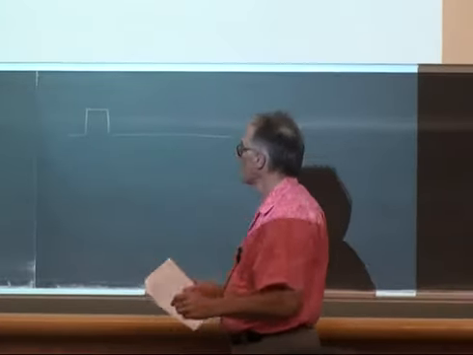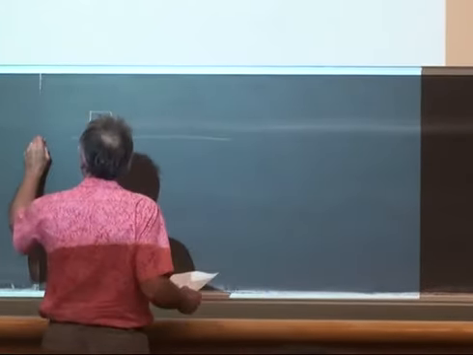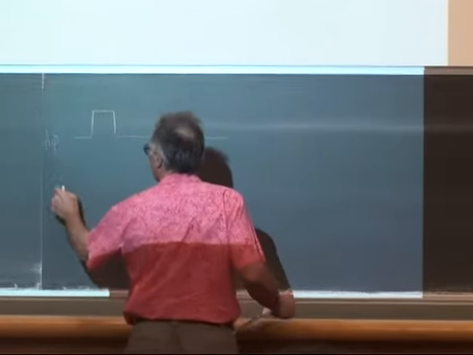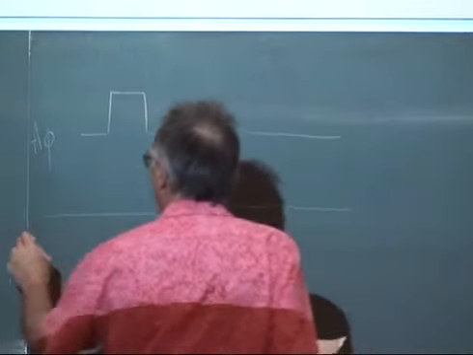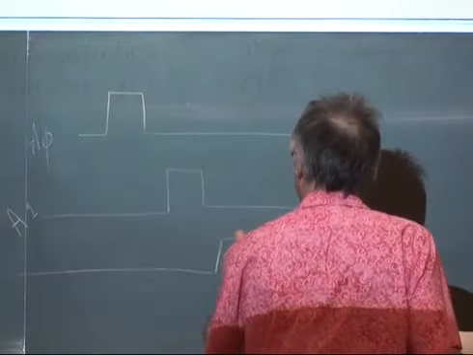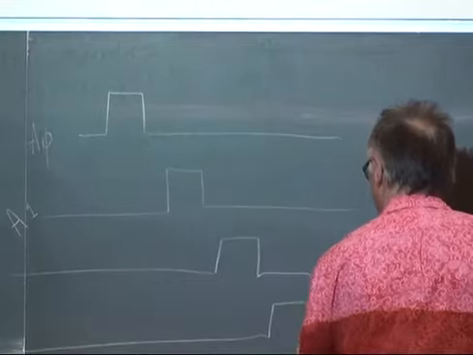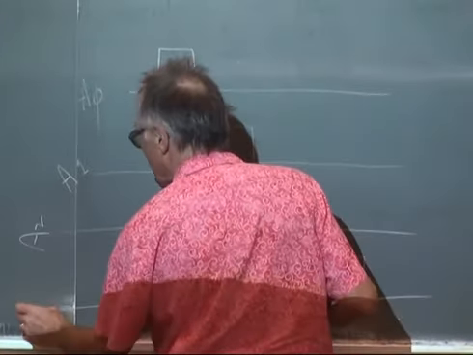Is that okay? So on row 1, that would be A0. We're going to put out a pulse. Then sometime later, we're going to put out a pulse on A1, then A2 and A3.